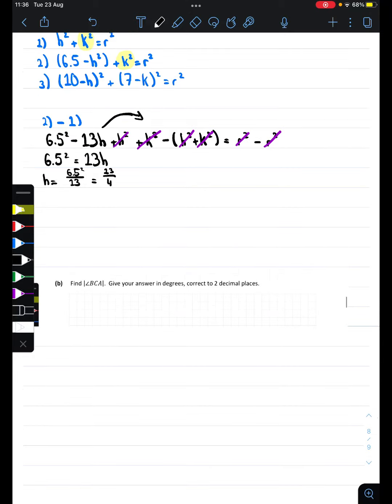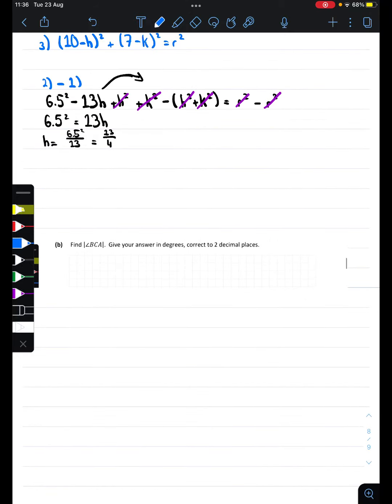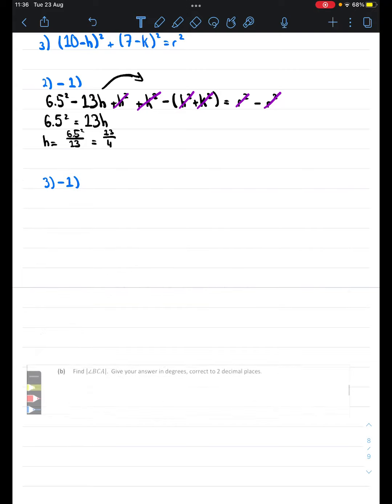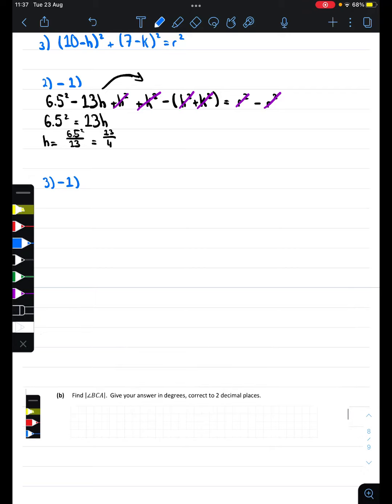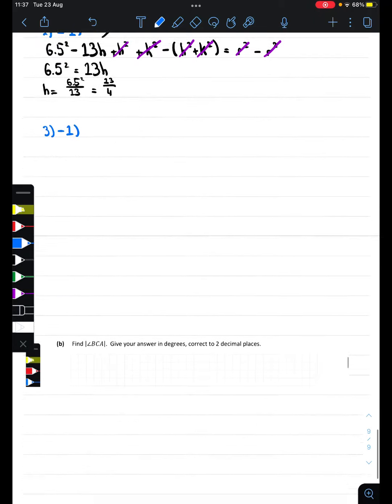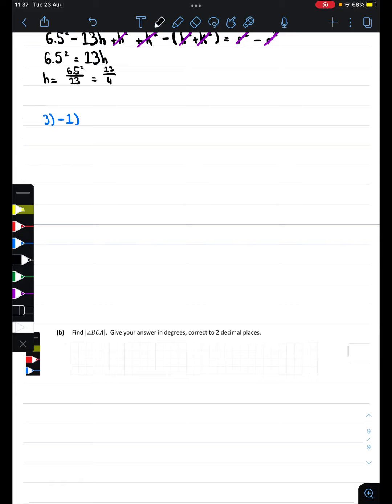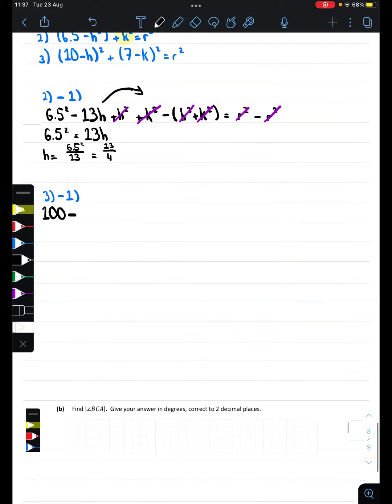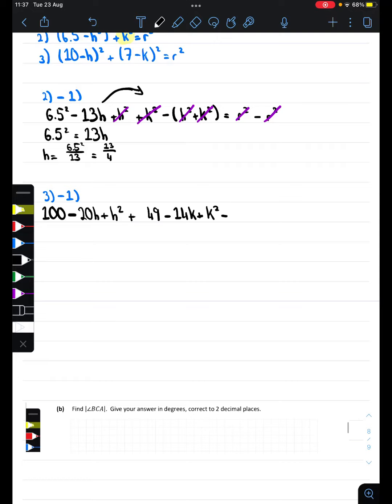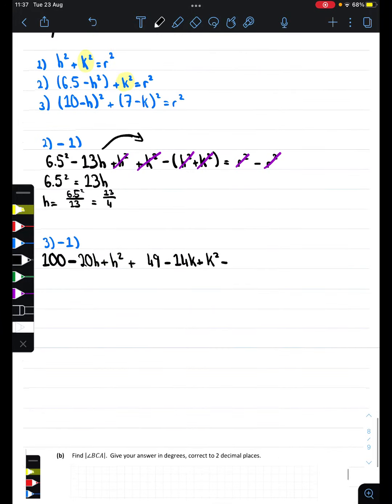Okay, so now we're going to use equation 3 minus equation 1. And so the left-hand side of equation 3, (10 minus h) squared, will give us 10 squared, 100, minus 2 by 10h, minus 20h, plus h squared, plus 49 minus 14k, plus k squared, minus the left-hand side of equation 1, h squared plus k squared.